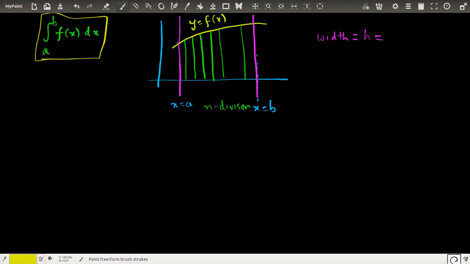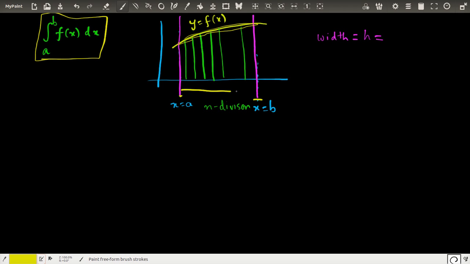Yes, we can. So let's see, this is the x equals a line, this is the x equals b line, this is the function y equals f(x), and we need to find the area under it. What we do is divide this interval into n equal parts.